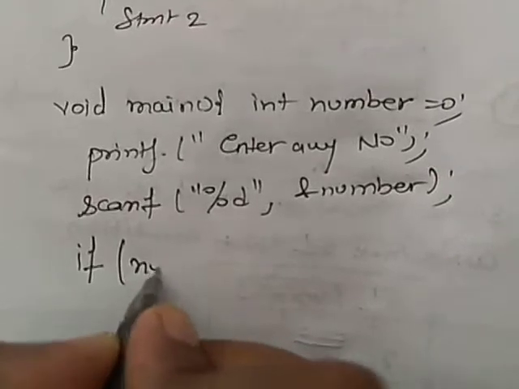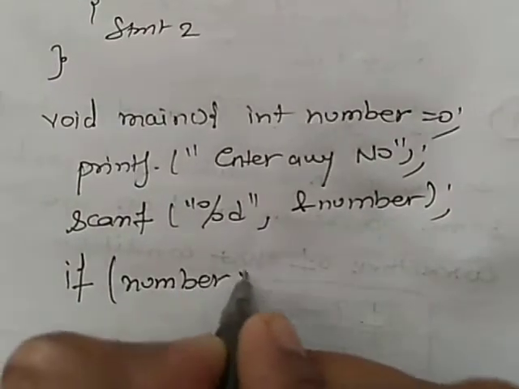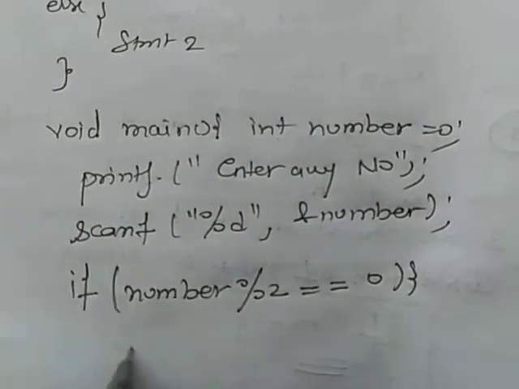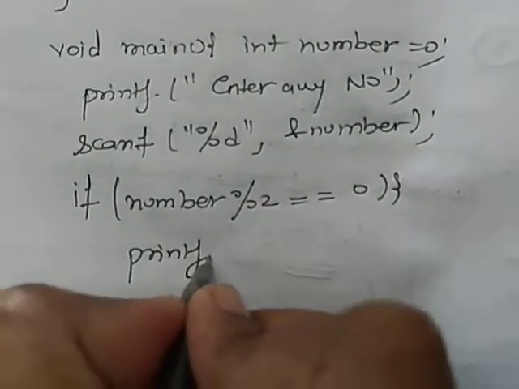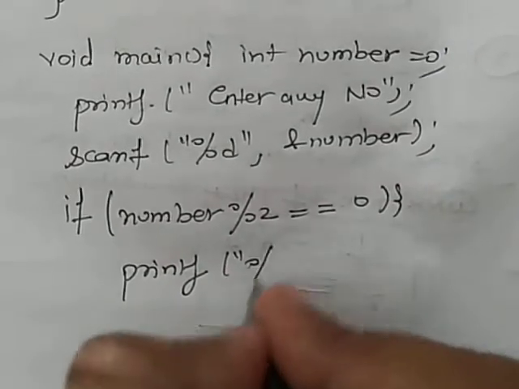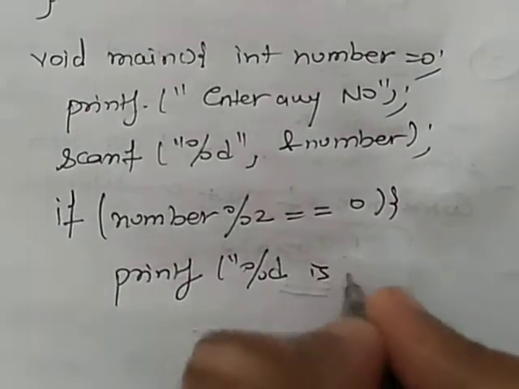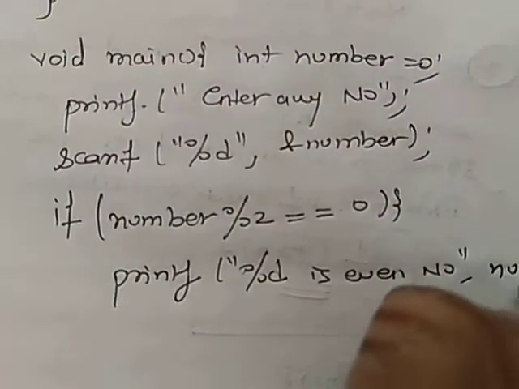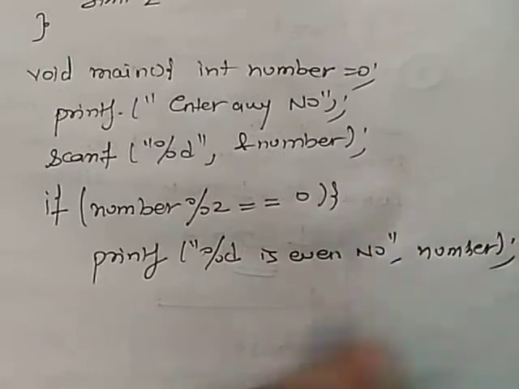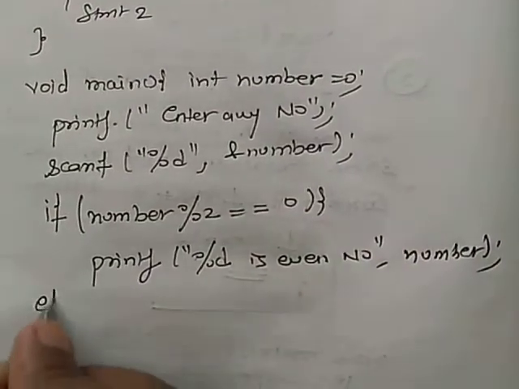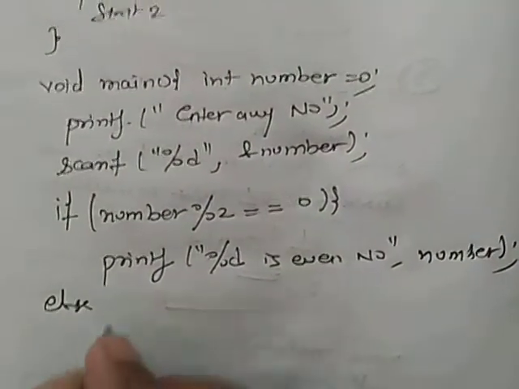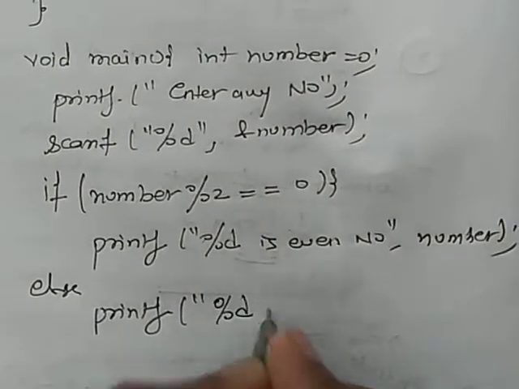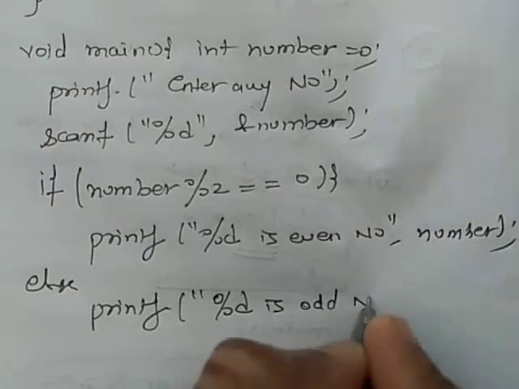If number modulus 2 equal to 0, printf "%d is even number", else printf "%d is odd number".